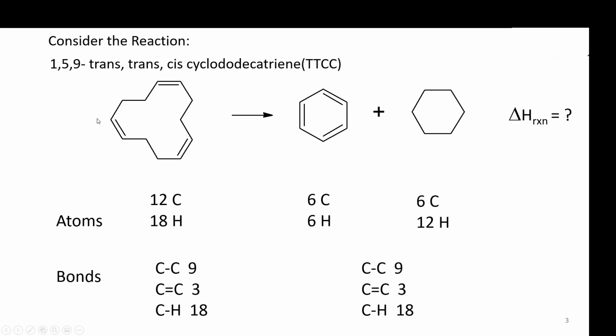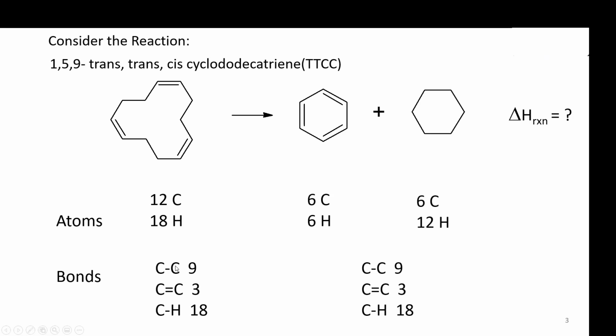No matter which one you start with, you will find 1, 2, 3, 4, 5, 6, 7, 8, 9. You'll find that there are 3 double bonds at the locations 1,5,9. So this is 1,5,9-trans-trans-cis-cyclododecatriene. We call this molecule TTCC, and TTCC has 12 carbon atoms and 18 hydrogen atoms.